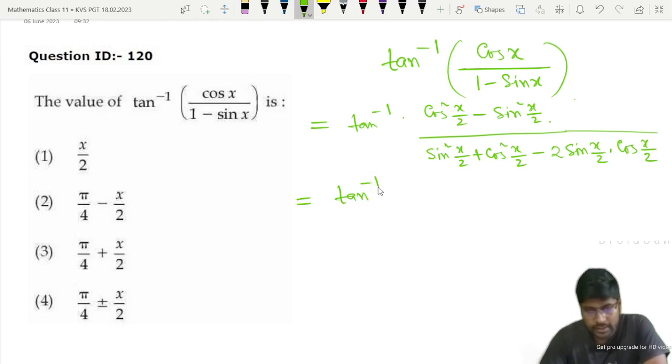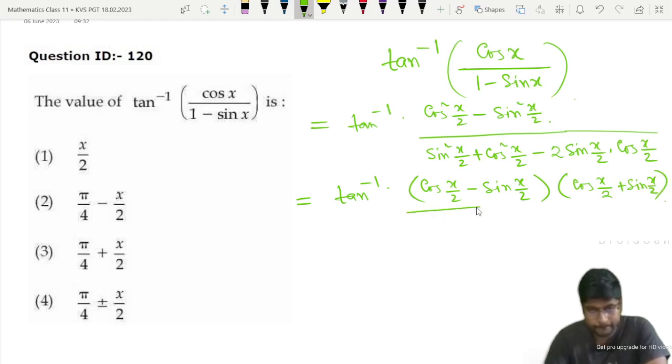Okay, tan inverse of, now in the numerator I will apply the formula of a plus b into a minus b, a square minus b square. So this will become cos x by 2 minus sin x by 2 into cos x by 2 plus sin x by 2, divided by, now the below term you can see a square plus b square minus 2ab.